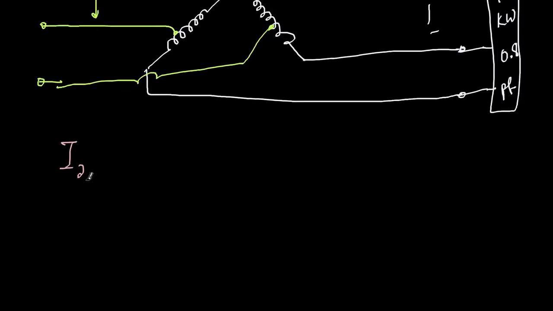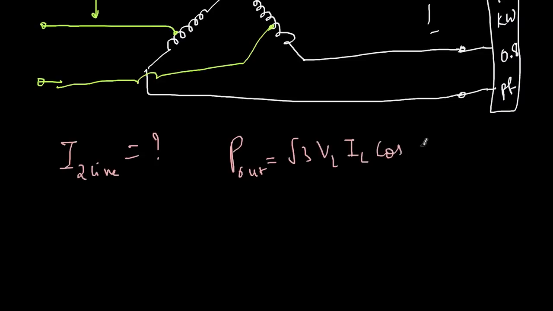What is I2? A line current. How do you find it? We know that output power is root 3 VL IL cos phi. So from this I'll find I2 line.